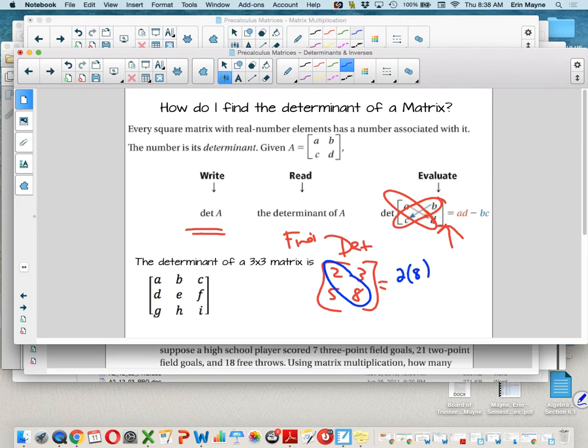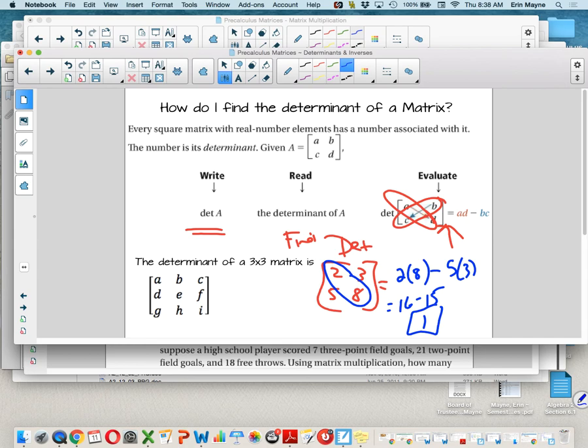Yeah, and for your own sake, if you want to one time write out all the numbers, that's 2 times 8 minus 5 times 3. That's 16 minus 15, which is 1. We would say the determinant is 1.